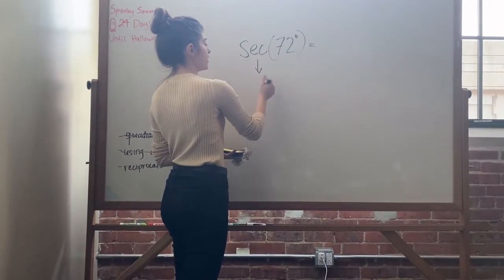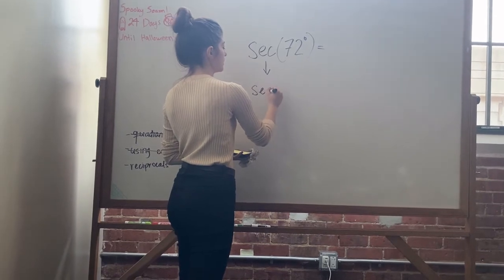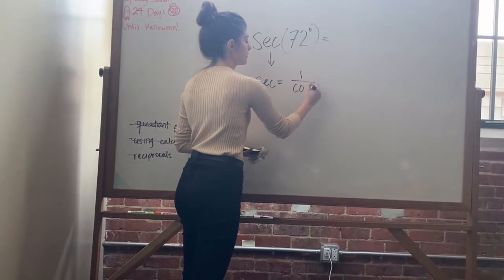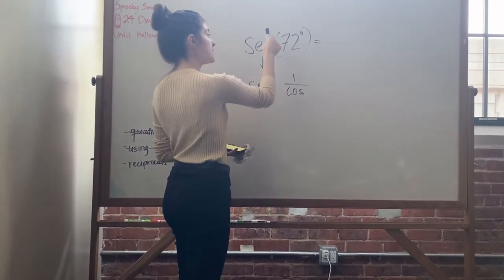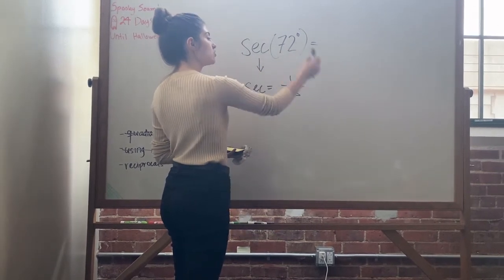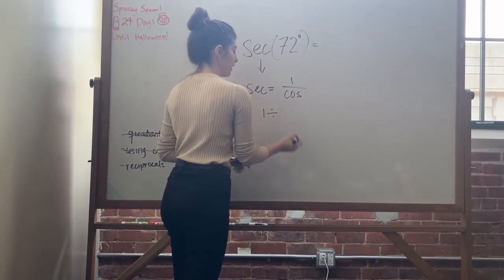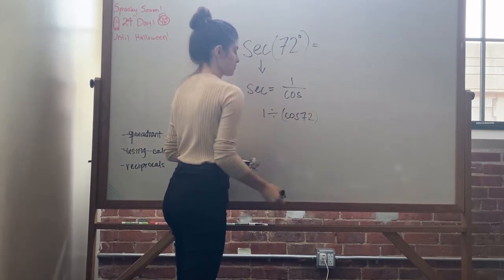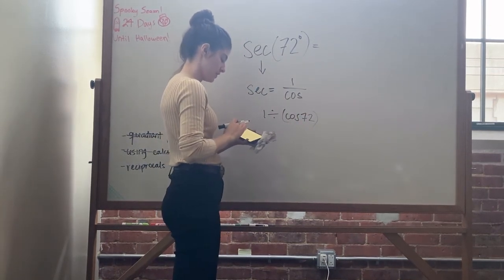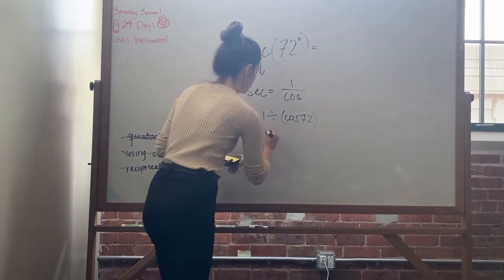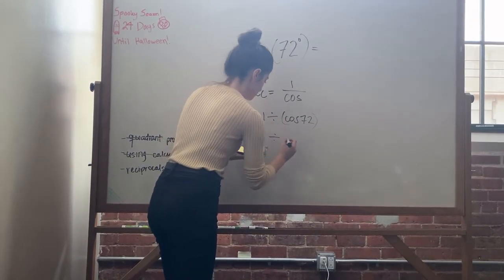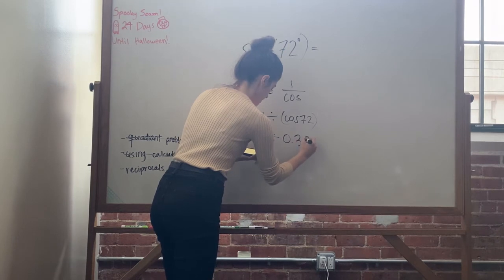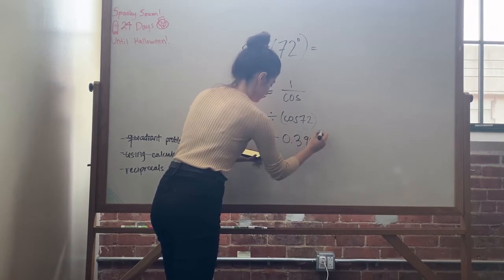All right, secant goes with cosine. So we know that secant is 1 over cosine, right? So then secant of 72 is just 1 divided by the cosine of 72. So let's find cosine of 72. So 1 divided by 0.390.